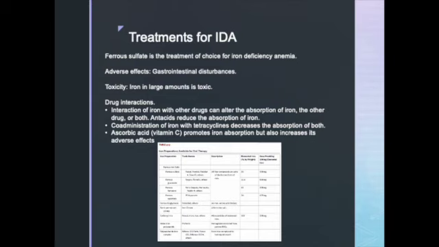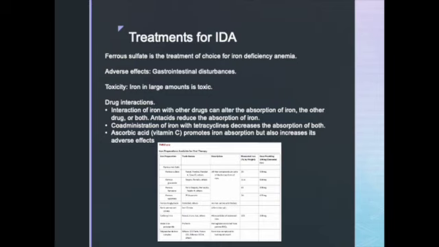We do have to think about drug interactions with iron and any drug that can alter the absorption of iron, or both. Antacids reduce the absorption of iron. Giving iron with tetracyclines will also decrease absorption of both the tetracycline antibiotic and iron.